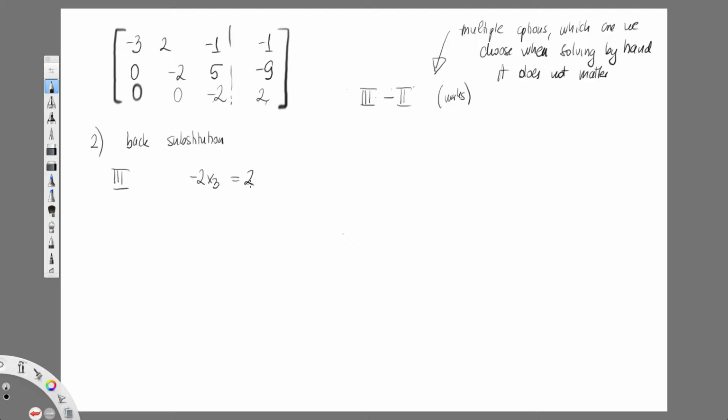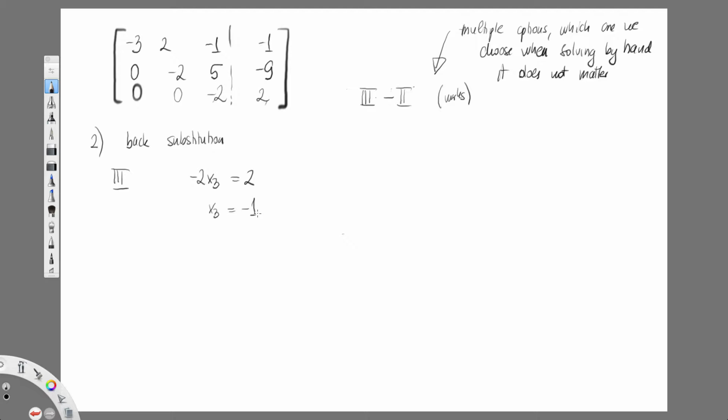Does everybody see how that is the case? I treat this as a matrix A that multiplies a vector of unknowns x1, x2, x3. When I multiply the last row, I have -2 x3 is equal to the right-hand side, which is 2. So my x3 is obviously -1.